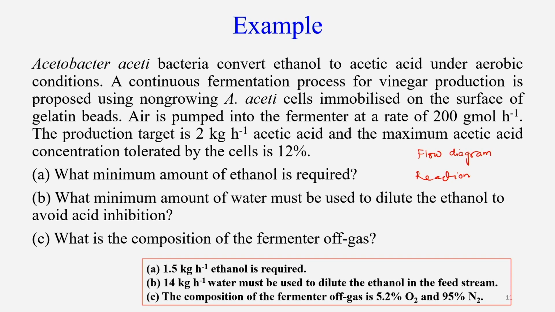And third, you have to check whether this is a steady state or unsteady state. I think this gave a clear overview of how material balance looks and what its utility is in bioprocess engineering. In the next slide we are going to discuss the stoichiometry balance for biomass and product formation. Thank you so much.